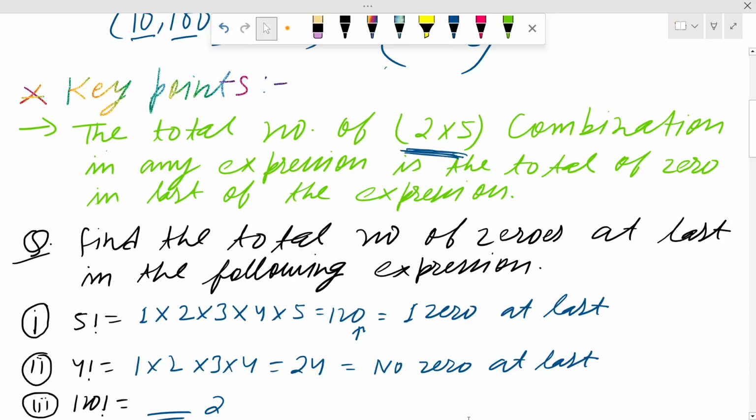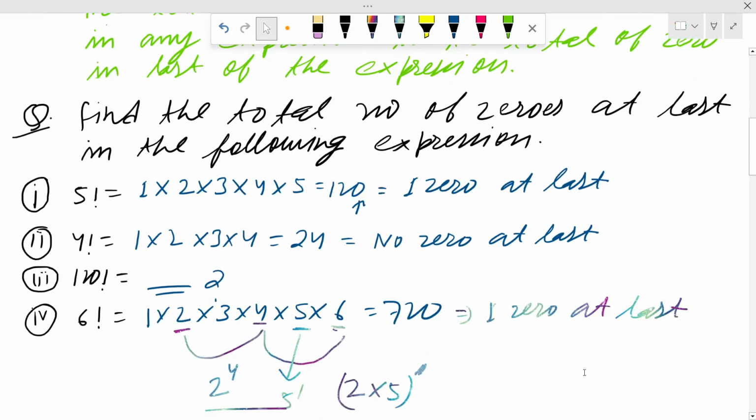Now, how many zeros are in the expression? Find the total number of zeros at the end. Look at 5 factorial: 1 into 2 into 3 into 4 into 5 is 120, so there is one 0 at the end. 4 factorial has no zero.